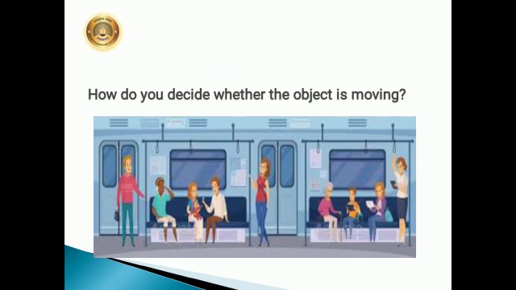Suppose you are traveling in a bus. Now tell me, is the person sitting next to you in motion? What do you take into consideration to decide if an object is moving or not? Now in this example, the bus is moving, but the passengers sitting or standing in the bus are stationary.